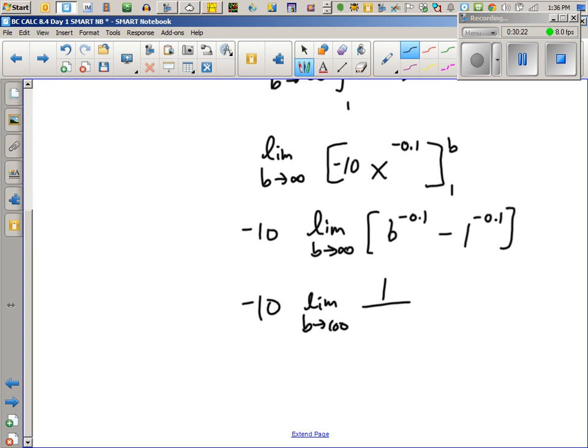I have 1 over the 10th root of b minus 1. That's an infinity. That says 1 over the 10th root of b, take away 1. What happens to 1 over the 10th root of b when b gets huge? This is going to go away. The answer to this problem is 10.